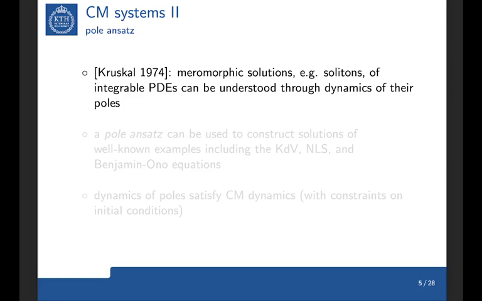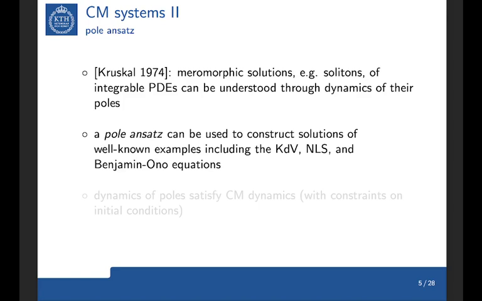So using this logic, you can make an ansatz for the solution with some time-dependent poles in the complex plane, and this can be used to actually generate solutions of integrable PDEs. And this is borne out through many examples, but to name a few, this works for Korteweg-de Vries, nonlinear Schrödinger, and important for this talk, Benjamin-Ono.